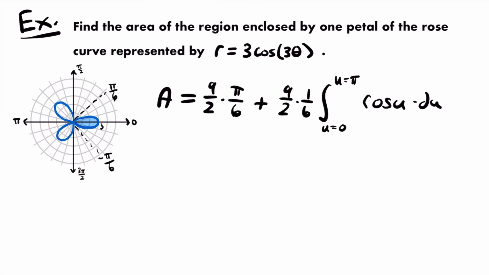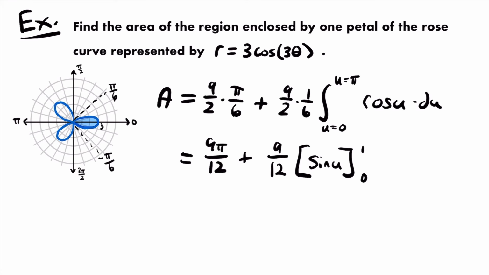All right, so now if we simplify, 9 halves times pi divided by 6 will be equal to 9 pi divided by 12, right? 9 times pi is 9 pi, and 2 times 6 is 12. And then we'll add that to 9 halves times 1/6, that will be 9 divided by 12, times the integral of cosine u, which will be sine u. The integral of cosine is sine, and that's evaluated from 0 to pi. But now sine of pi and sine of 0 are both equal to 0, so this will evaluate to be 0 minus 0.